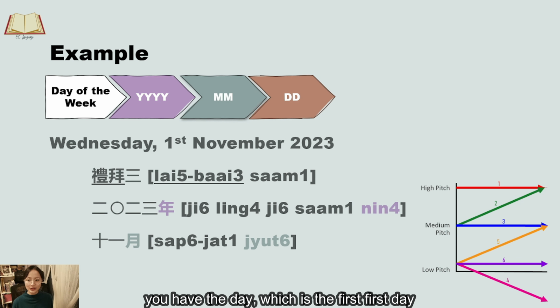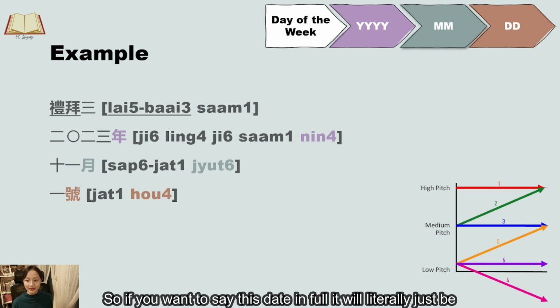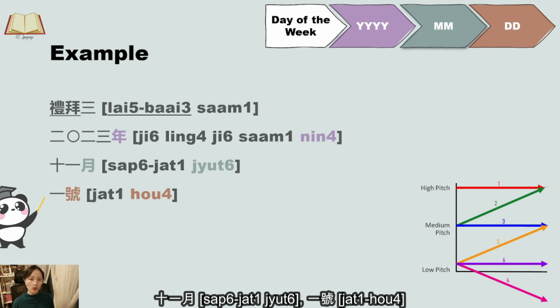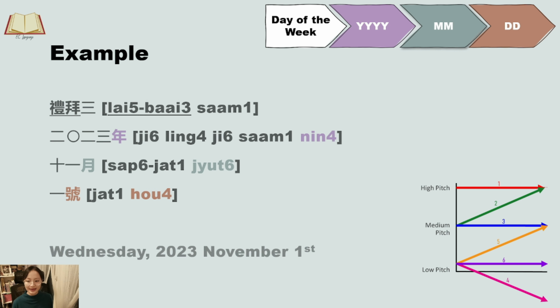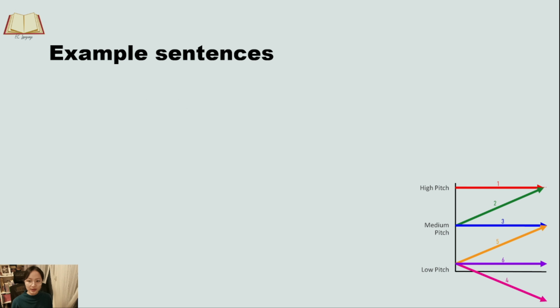And then finally you have the day, which is 1號, the first day. So if you were to say this date in full, it would be 禮拜三2023年11月1號. Obviously without the breaks, you just say it smoothly. So it looks like this: Wednesday 2023, November 1st.